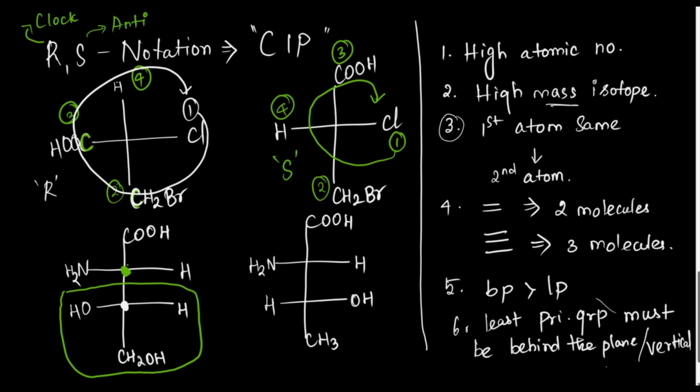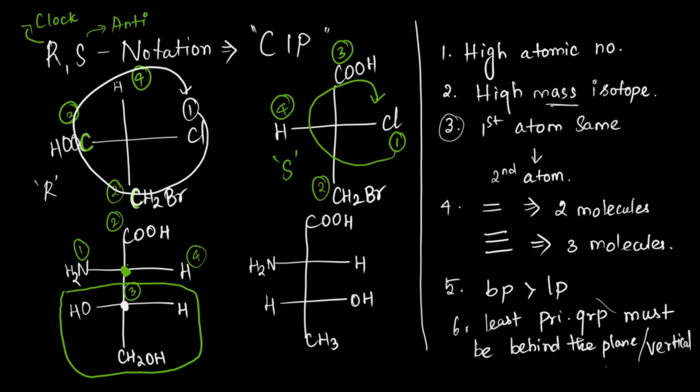In that case, which will get more priority, COOH or the nitrogen group? Obviously nitrogen, because nitrogen's atomic number is 7 and carbon's atomic number is 6. So the first priority goes to nitrogen, the second priority goes to COOH, the third priority is for the group below, and the fourth priority is hydrogen.